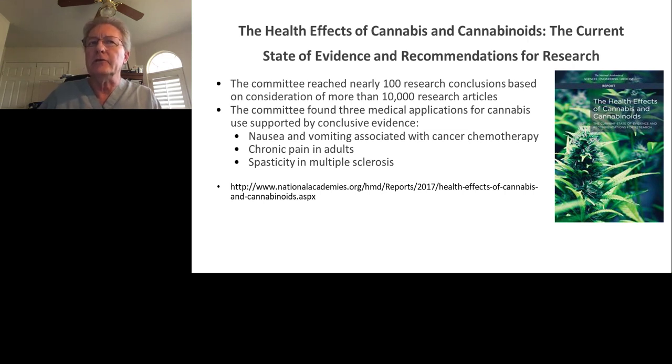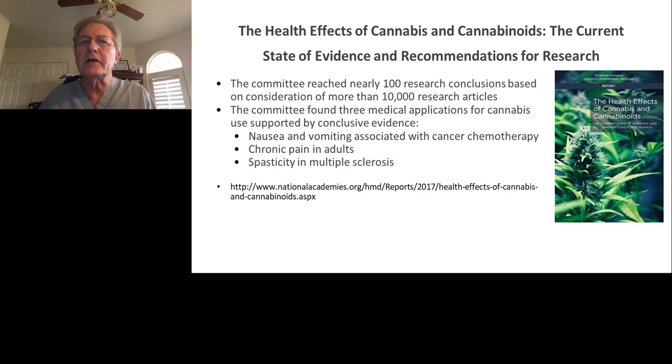From this information, each specific research conclusion was assigned one of 5 levels of evidence, either conclusive, substantial, moderate, limited, or no or insufficient evidence in order to define a value.